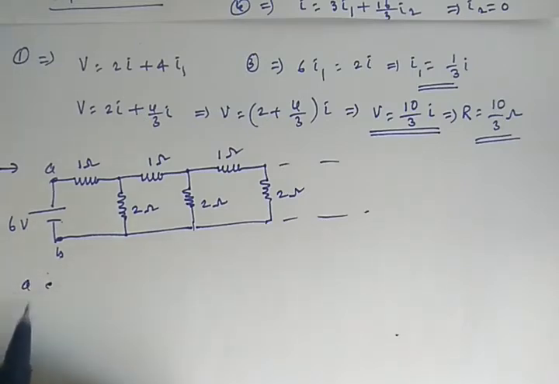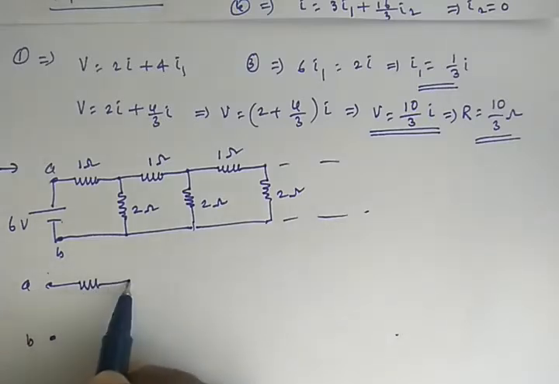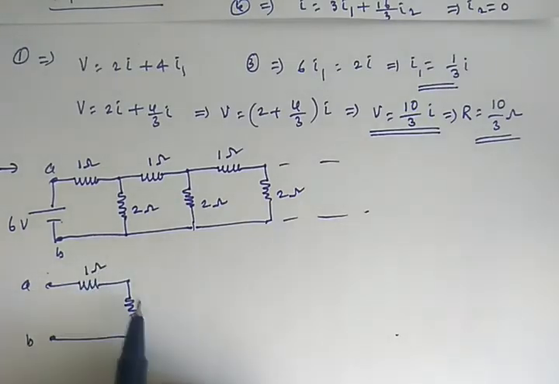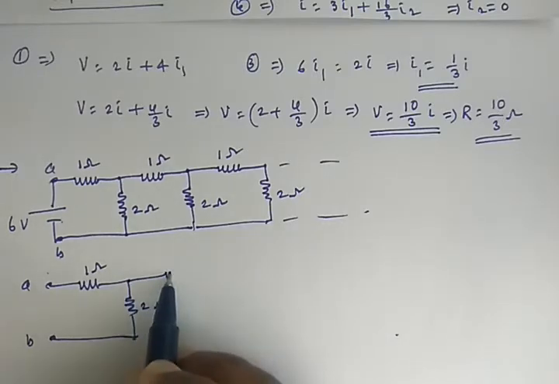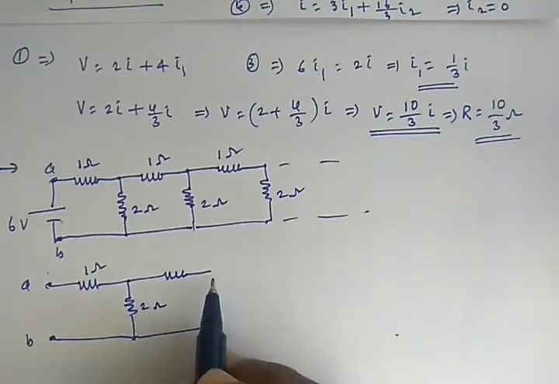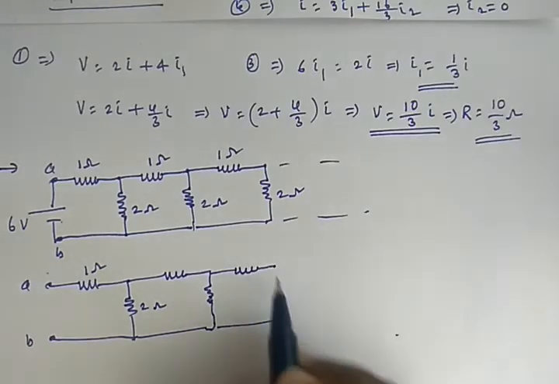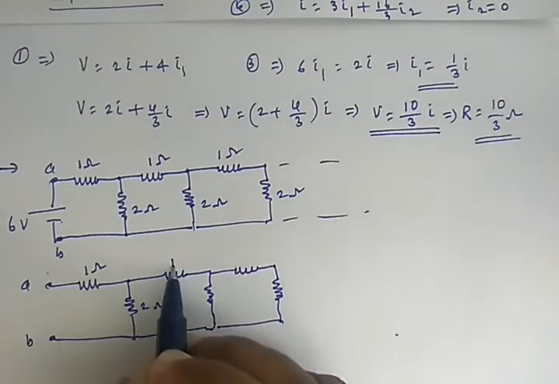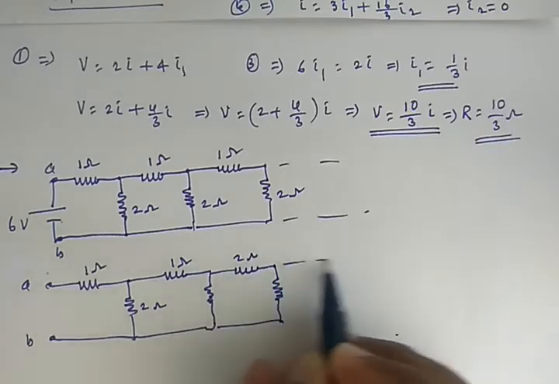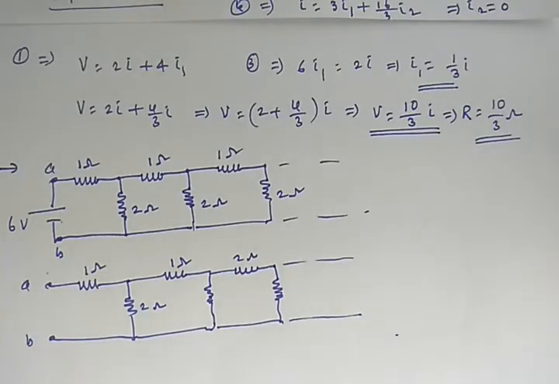You take terminal A and terminal B. So 1 ohm and 2 ohm, 1 ohm, 2 ohm, and there are many, like infinity.